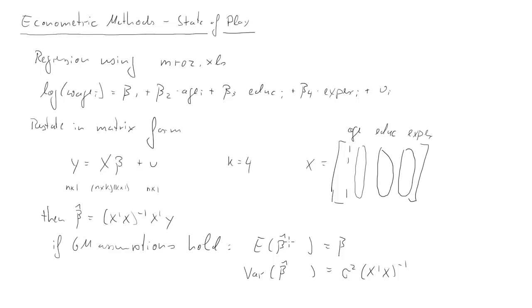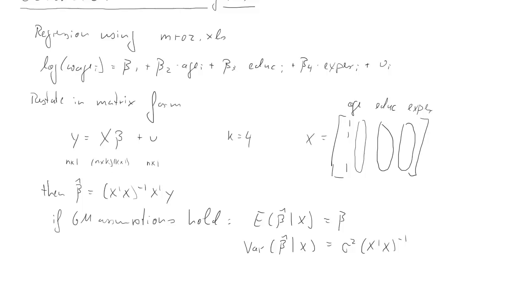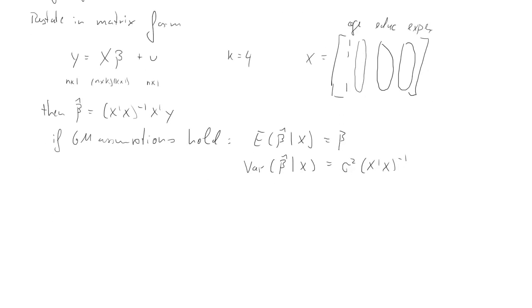I left a bit of space here because I want to put in a conditional on X. You learned with Len that we had to put this in if we assumed that the explanatory variables were not necessarily fixed in repeated samples. So we treat them as random variables as well, and we state our results as conditional on the observed X.